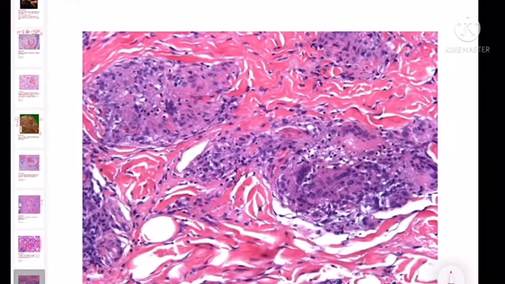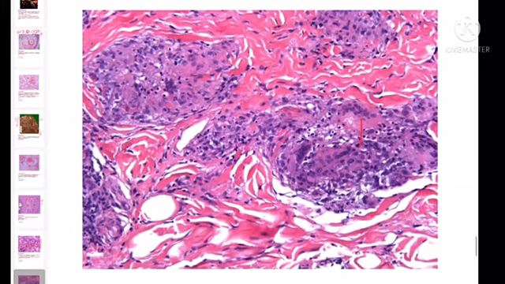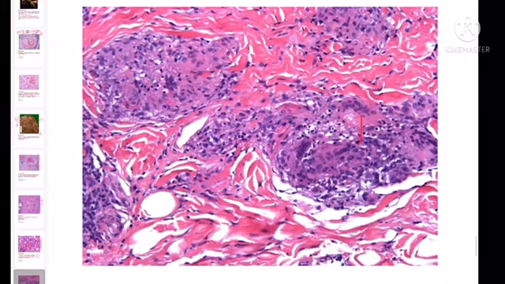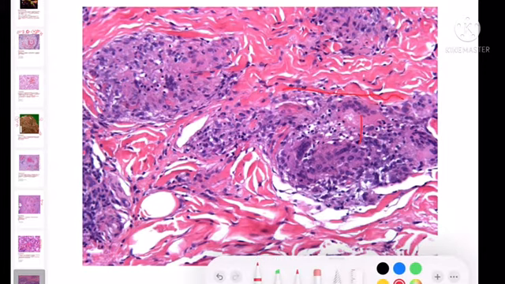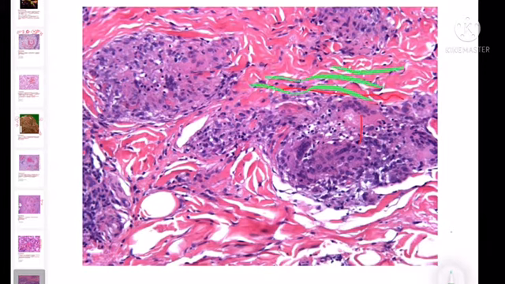This is a type of granuloma which we can see in case of sarcoidosis, which is a systemic chronic inflammation which involves multiple organs. So here we can see these are the collagen fibers, a lot of collagen deposition, and here we can see granuloma, but there will be no collar of lymphocytes.